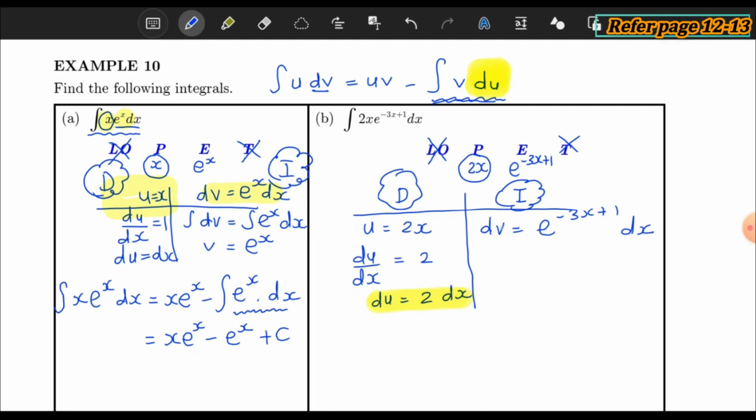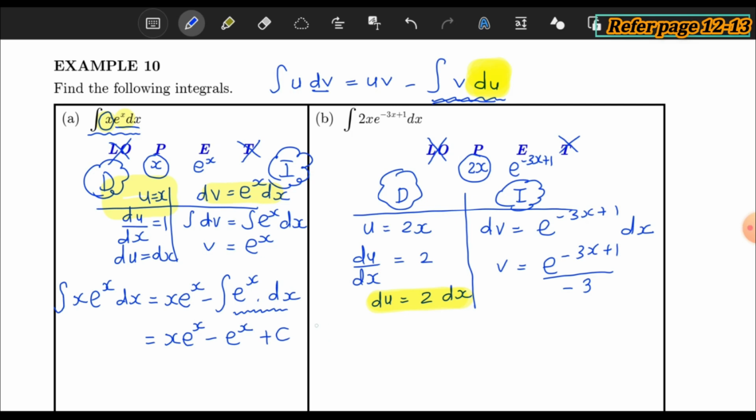And for the second part dv, we need to integrate. So, v equal to exponent negative 3x plus 1 divided by negative 3. We got negative 3 from the derivative of the power.